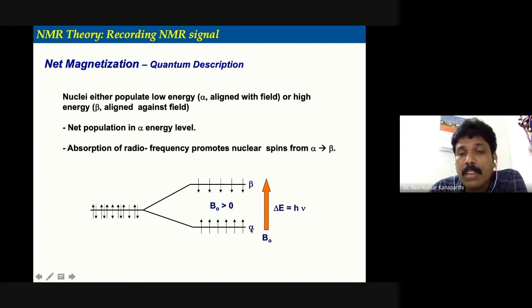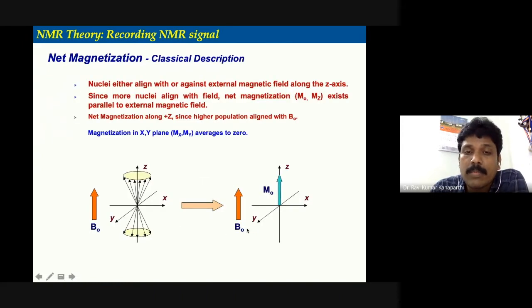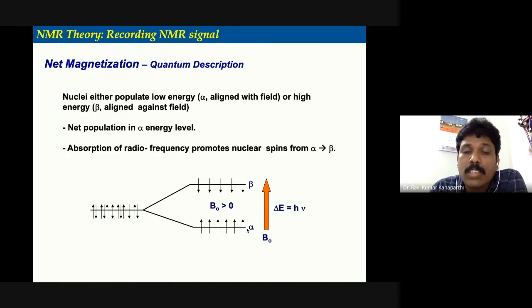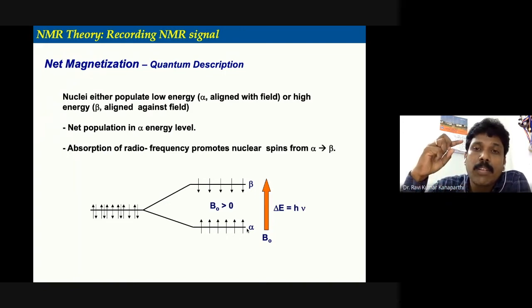Since you have a net magnetization, when you shine a light equivalent to the energy gap between these two nuclear spin states, you will see a transition. By absorbing a radio frequency which precisely matches the energy gap, an alpha spin makes a transition from the lower alpha state to the beta spin state.